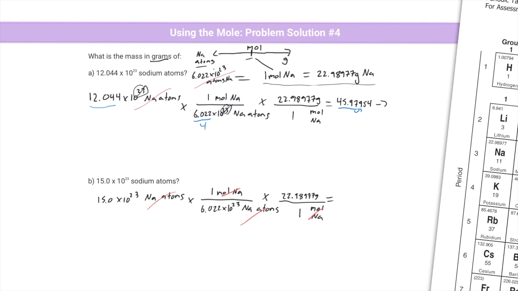This will be 45.98 grams. I left off my sodium here, which I shouldn't have done. Grams of sodium. And I also should have canceled out my units all the way through.